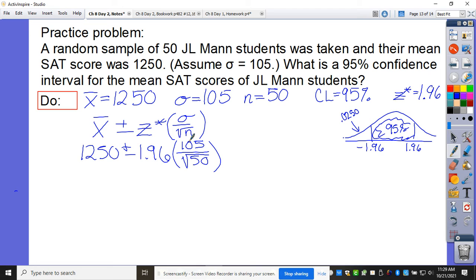All right, my suggestion here, everyone type in this equation with minus. So type it in with minus, so 1250 minus 1.96 times 105 over square root 50.